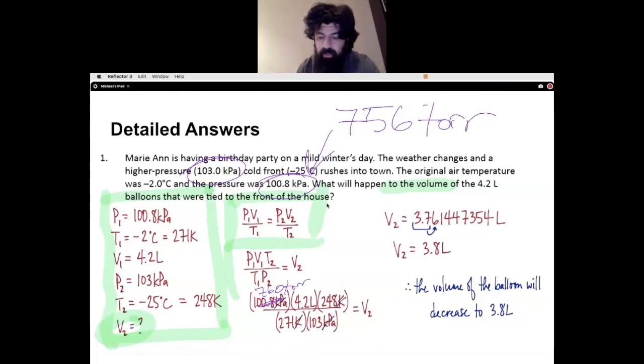Look at this. This torr unit is not going to cross out with kilopascals, which means I need to convert one of them. You choose which one you want to convert. In a scenario like that, you either convert the kilopascals to the torr so that these two match, or you convert this torr to kilopascals so that these two units will match to allow you to cross them out.